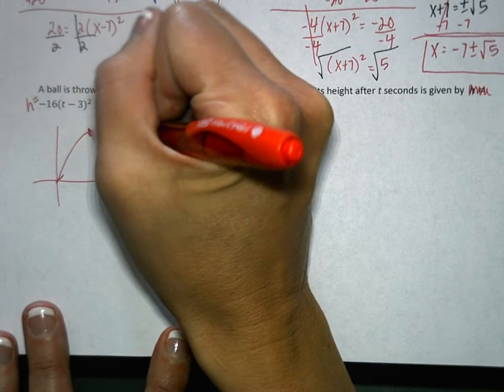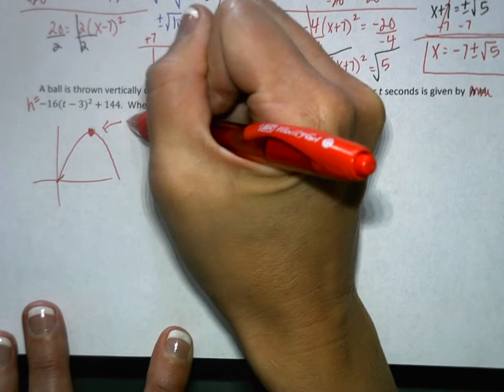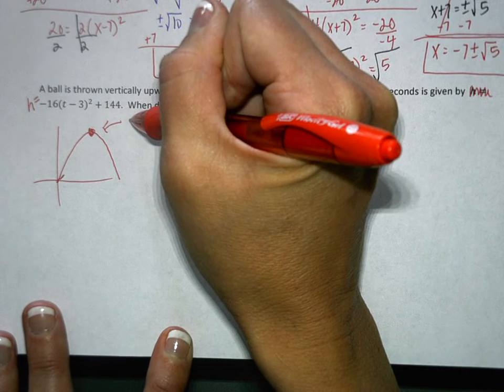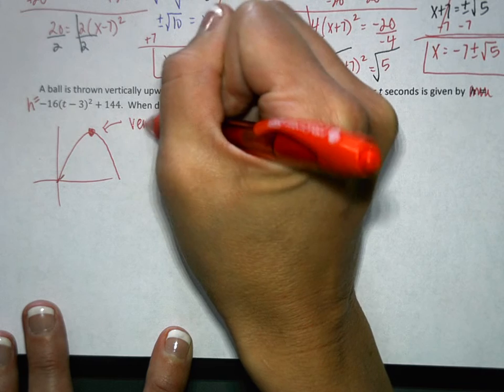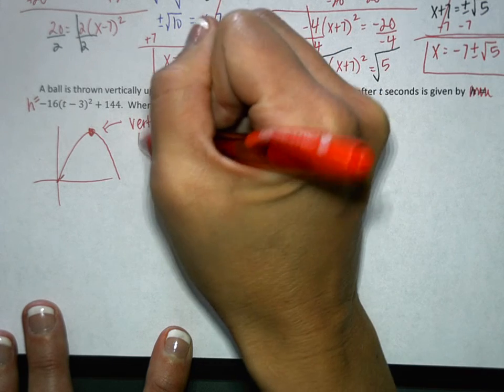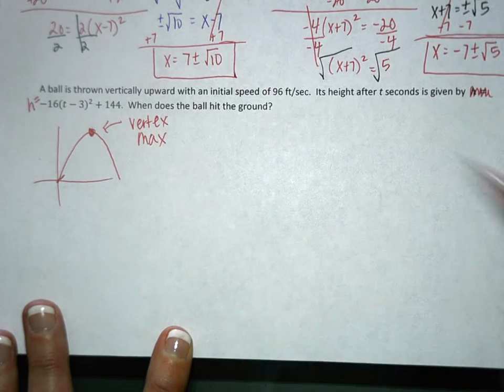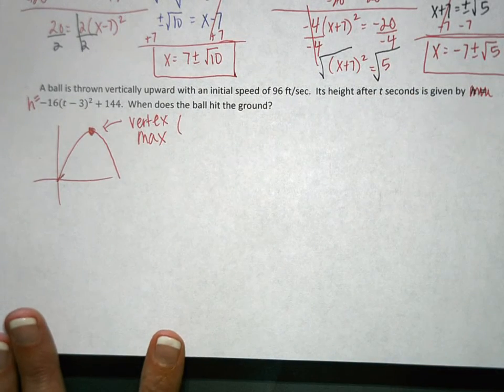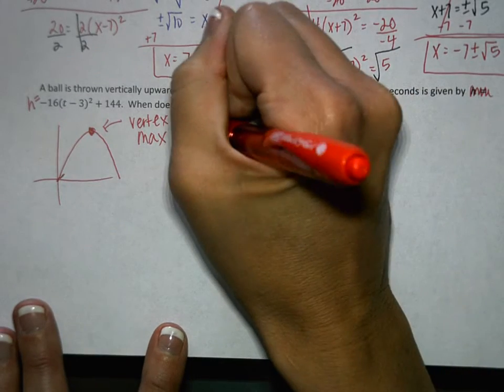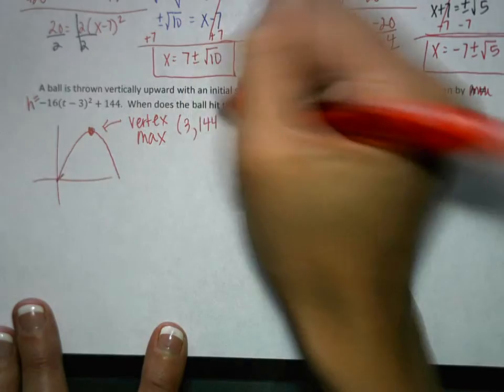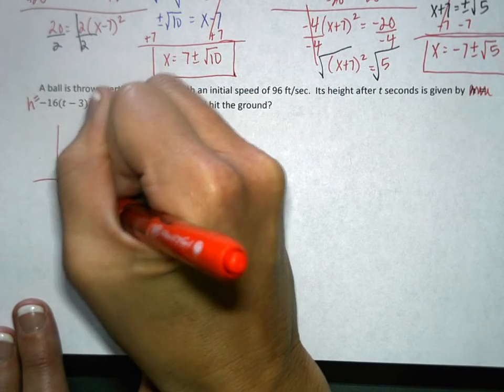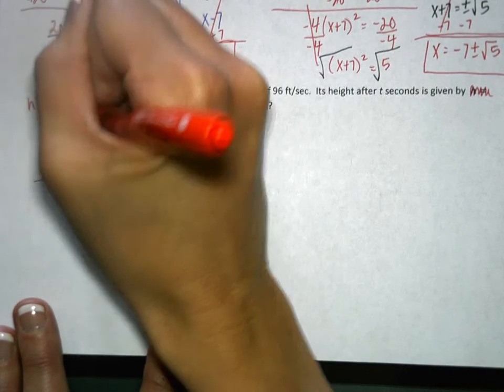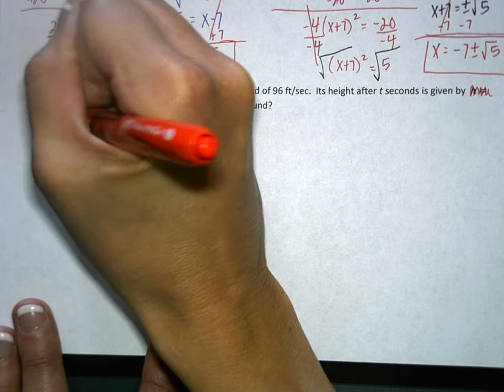And that is called the vertex, but what else? The maximum value, right? And what is my vertex on there? 3, 144. So it's saying that at 3 seconds, it is at 144 feet.